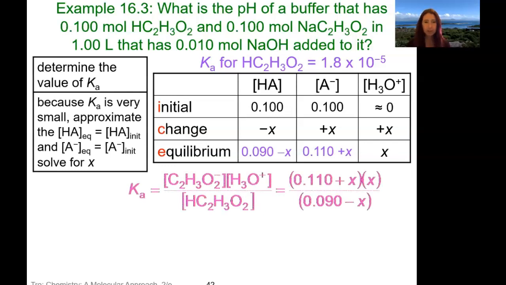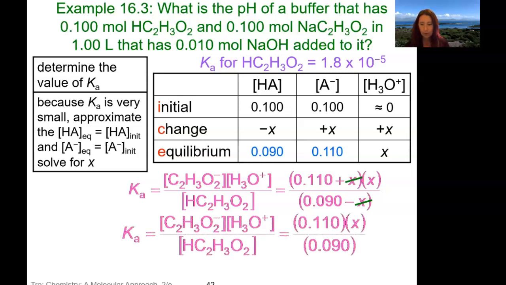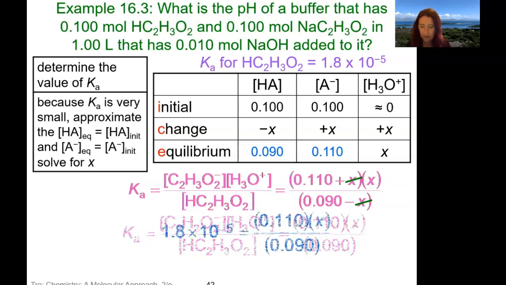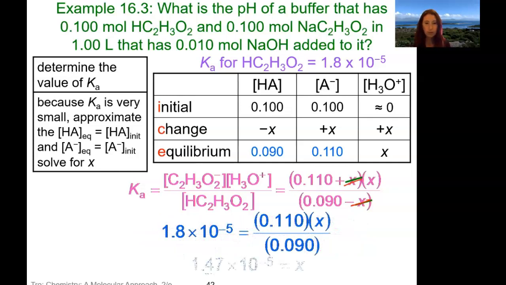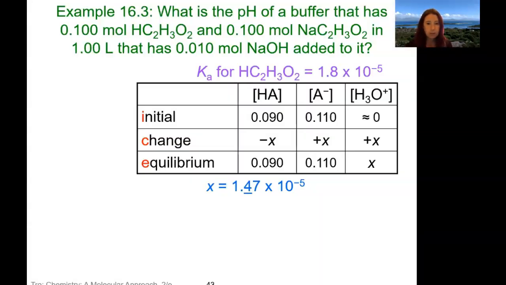As we do this one, we assume this X is small, which we know is going to work. We throw that into our equation, cross those off, multiply by 0.09, divide by 0.11 on each side. And we get 1.47 times 10 to the negative 5. Check.